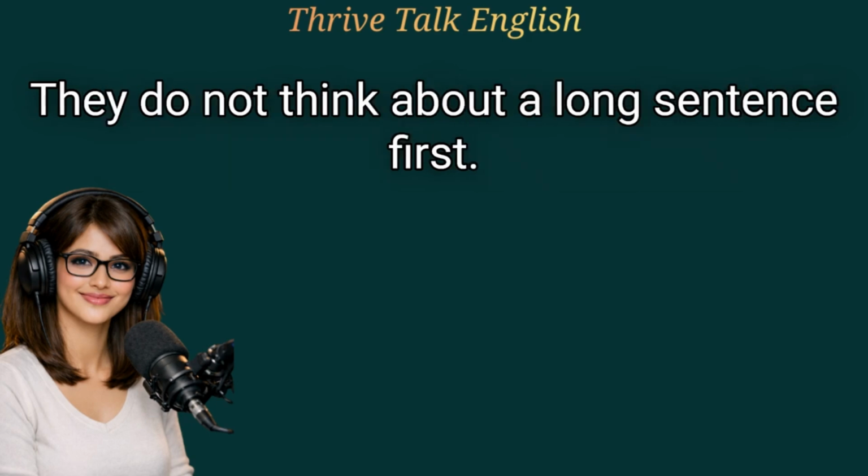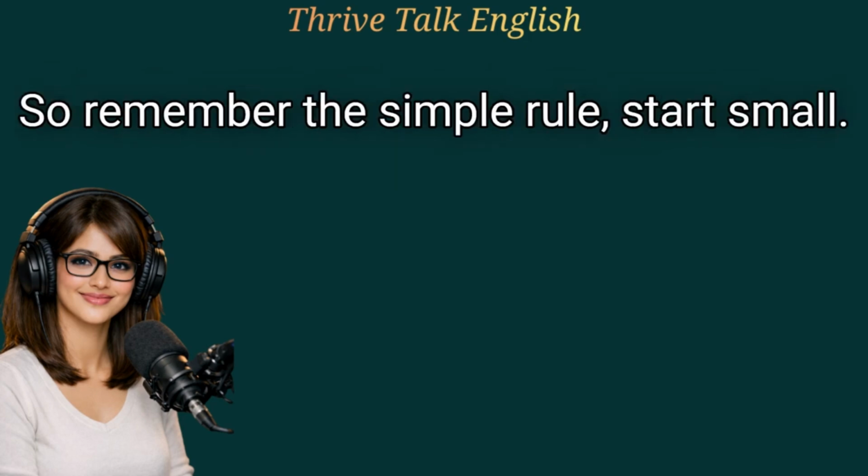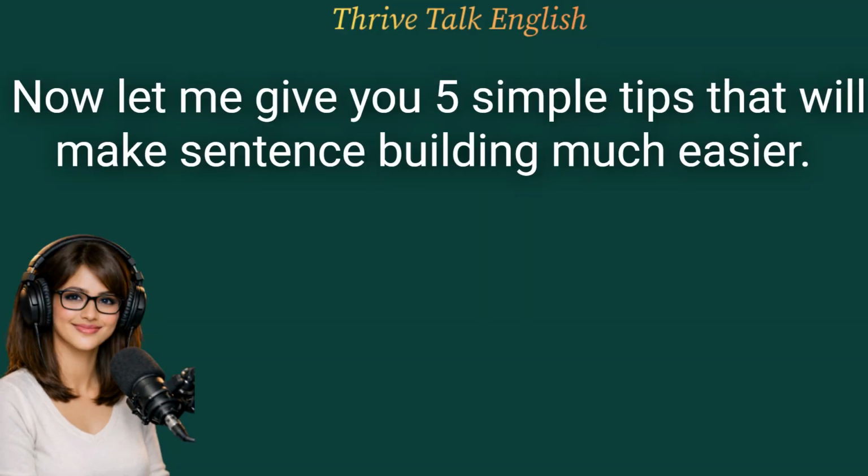This is exactly how fluent speakers build sentences in real conversations. They do not think about a long sentence first. They start small and then grow the sentence naturally. So remember this simple rule. Start small, add details, grow the sentence step by step. Now let me give you 5 simple tips that will make sentence building much easier.